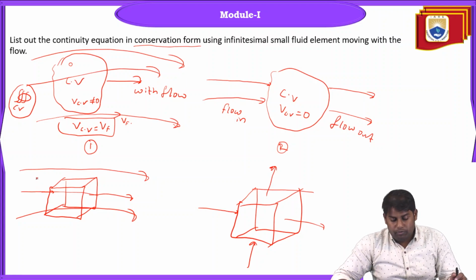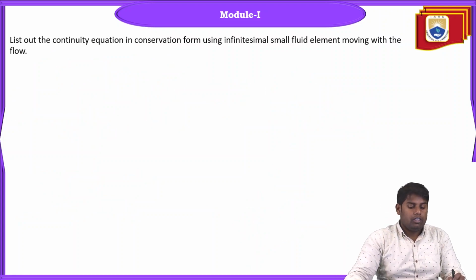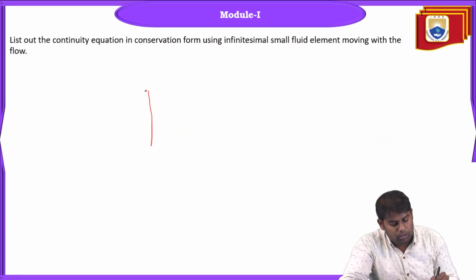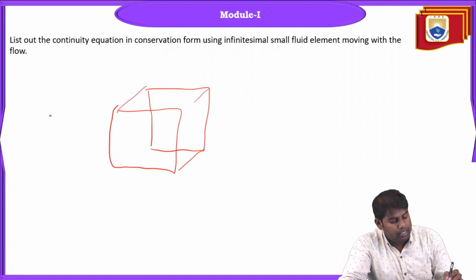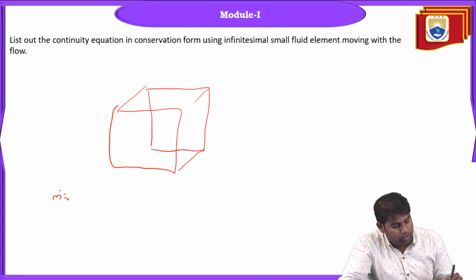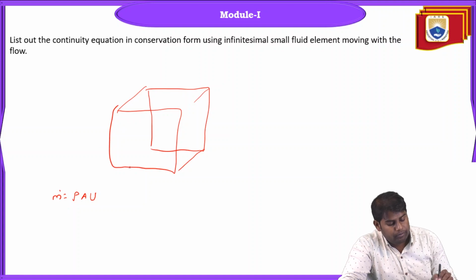Okay, so here we can see, when you take the fluid element approach, let's say you have mass flow rate, m dot, which is equal to rho A u, where we are talking about the x direction velocity. A is nothing but the area.